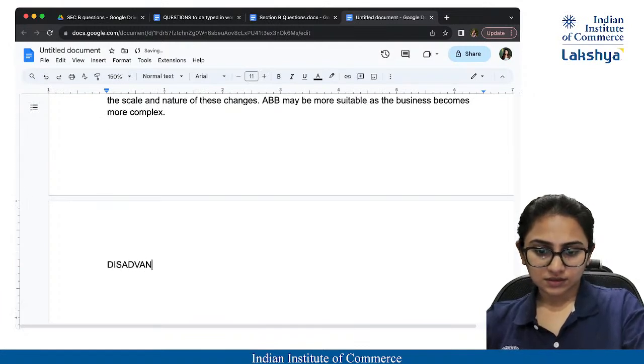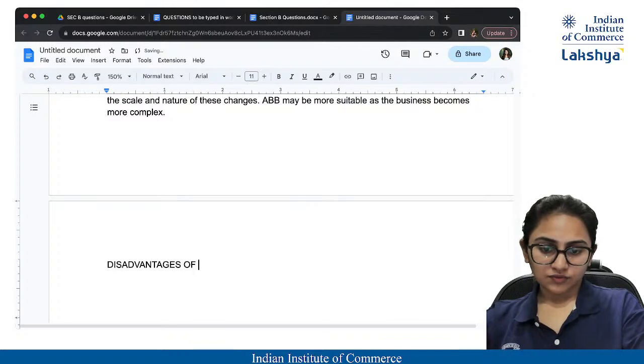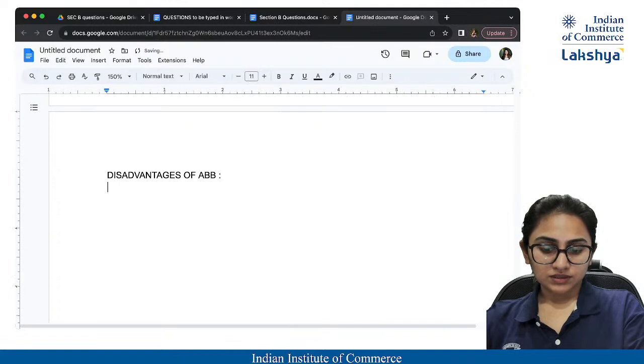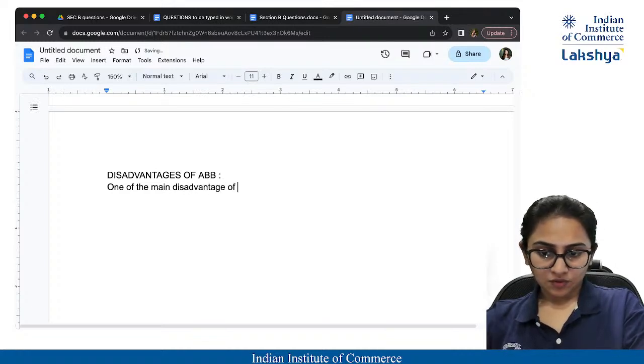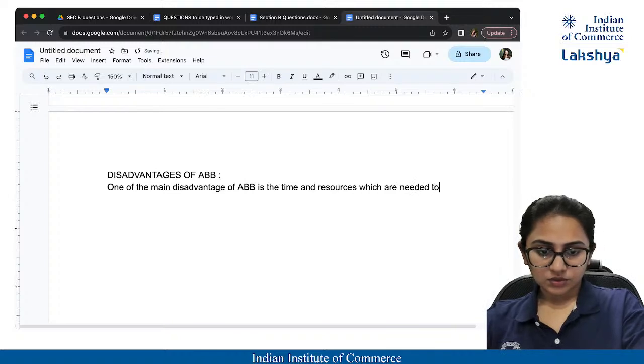And last, disadvantages of ABB, activity-based budgeting. What are the disadvantages of activity-based budgeting? One of the main disadvantages of ABB is the time and resources which are needed to implement it.